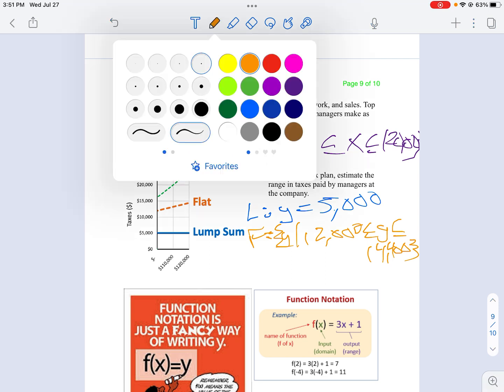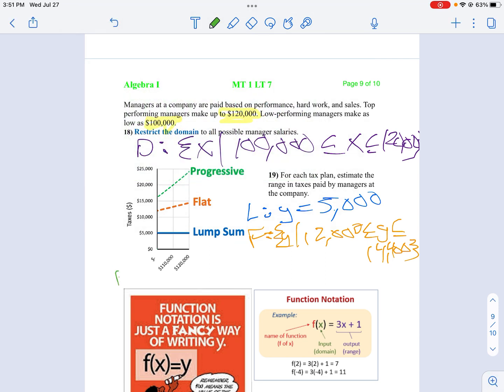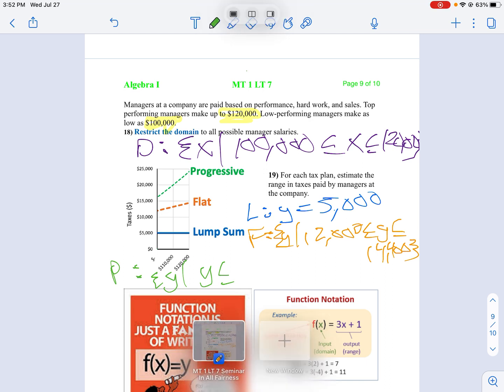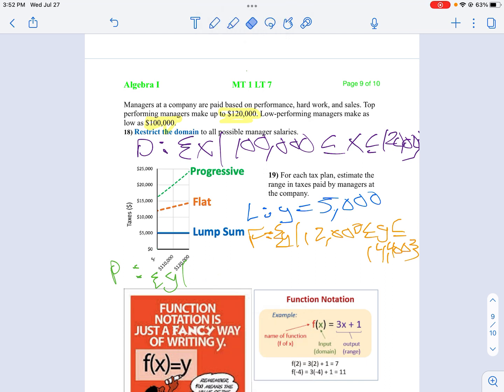And now let's do our progressive tax. So I'll do my range for my progressive. Now notice I'm starting my progressive tax a little bit above 15,000, so we'll go like $16,000. I always want to write the variable first, but I'm going to start at 15,500, or maybe 16,000.